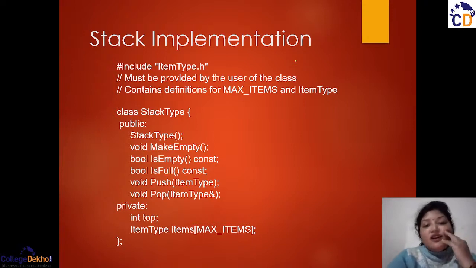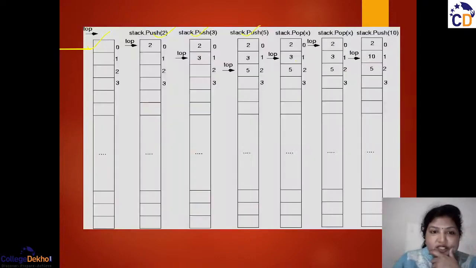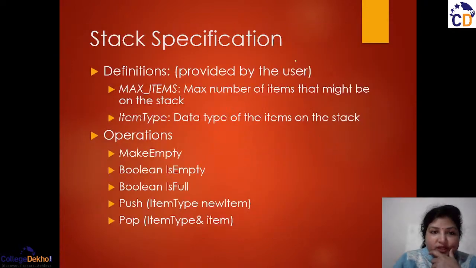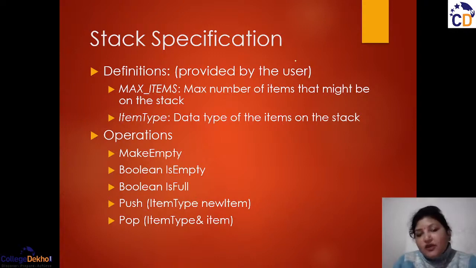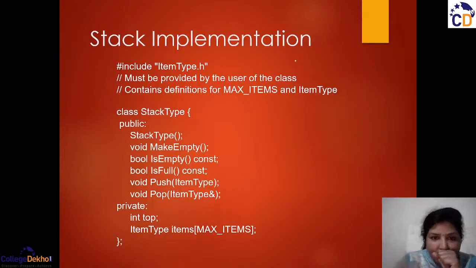First you have called the constructor, that is stack type. Then, as I told you, these are the different functions that we are going to use: make empty, is full, push, and pop operations. These operations are called member functions of the stack, right? This is what we have initialized.